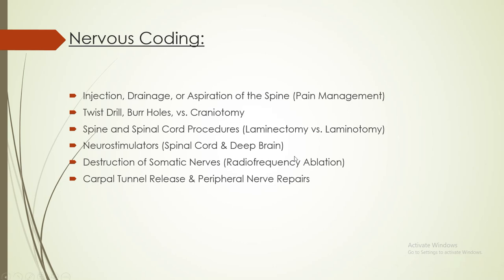Okay. So how to code radiofrequency ablations. Okay. And as we have discussed previously, we will learn carpal tunnel release. In the 60000 series, we will learn the open procedure of carpal tunnel release. Okay. In the 20000 series, you will get codes for endoscopic release of carpal tunnel and peripheral nerve repairs. Here you will learn what a nerve graft is, what a conduit is, and what strands are related to the peripheral nervous system.